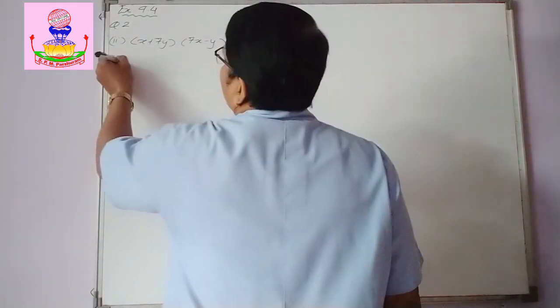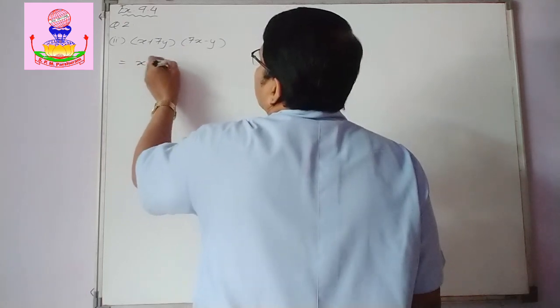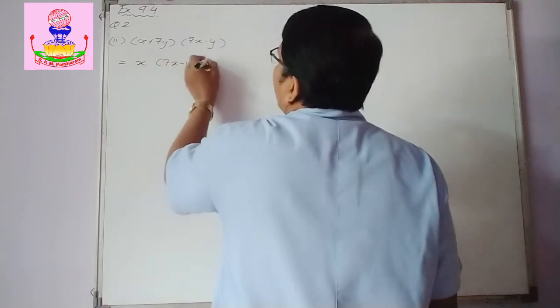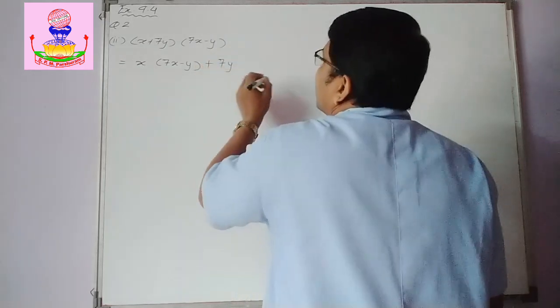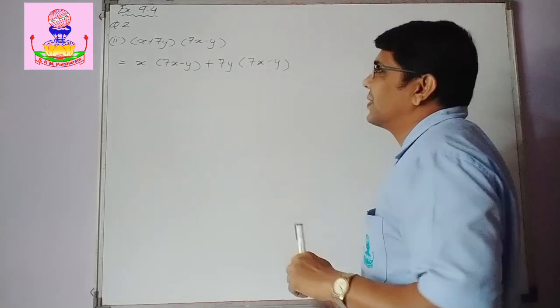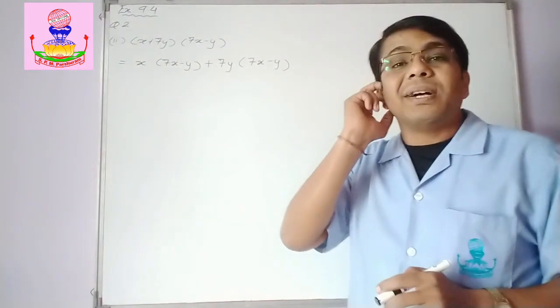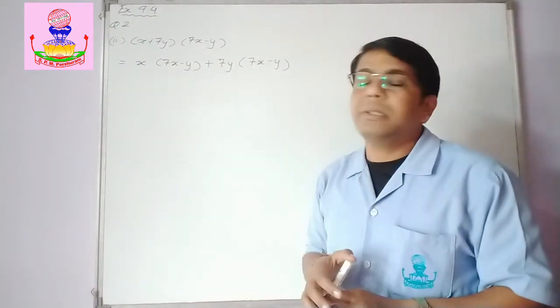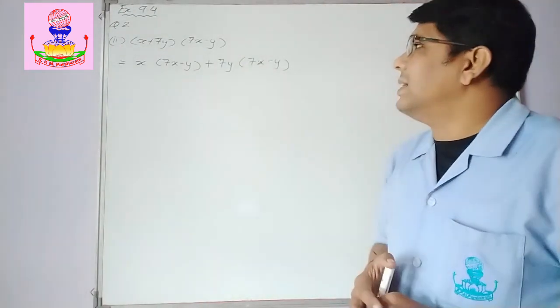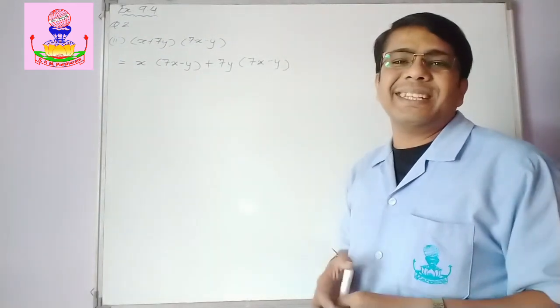So what can we do? x into 7x minus y plus 7y into 7x minus y. So what we have done? We have opened the bracket of the first expression, binomial, and then we have used the law of distributivity, okay?